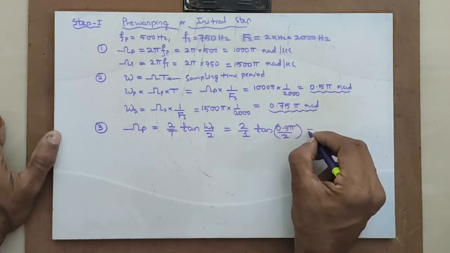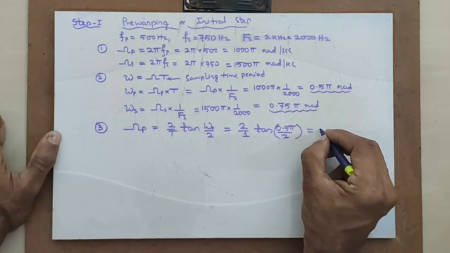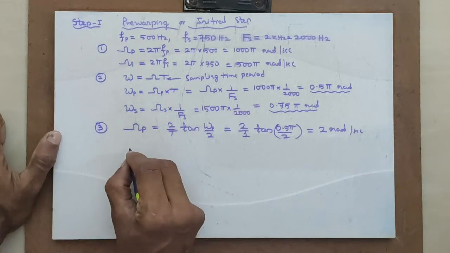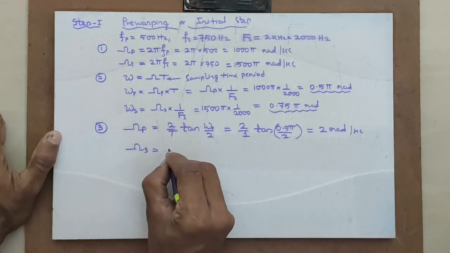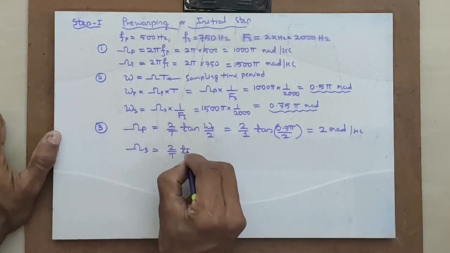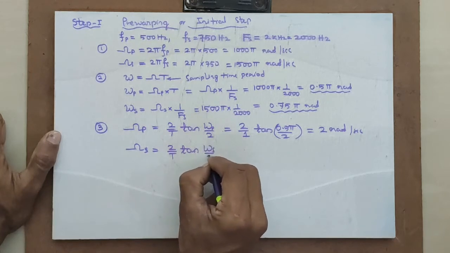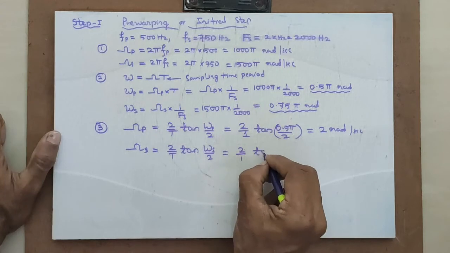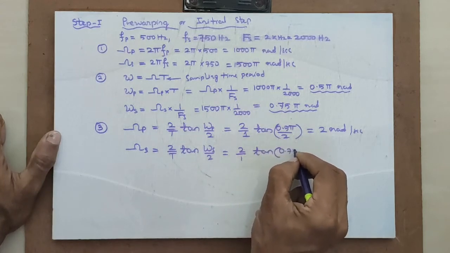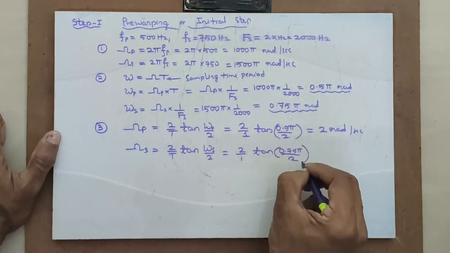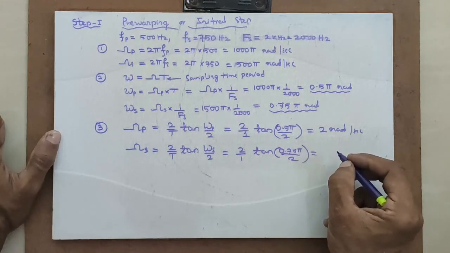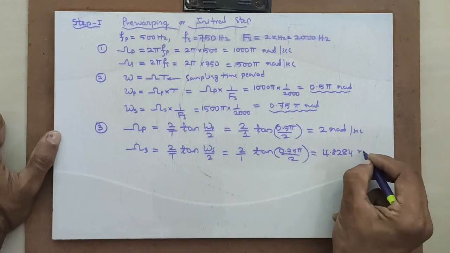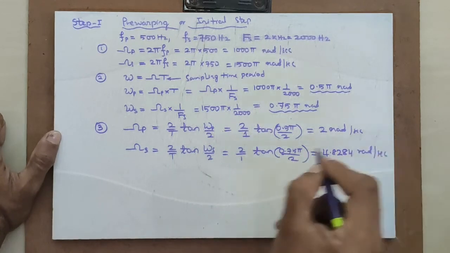You already know from the previous video that this results in 2 radians per second. Similarly, omega s is 2 by T tan of Ws by 2, equal to 2 by 1 tan of 0.75 pi divided by 2, which is 4.8284 radians per second.